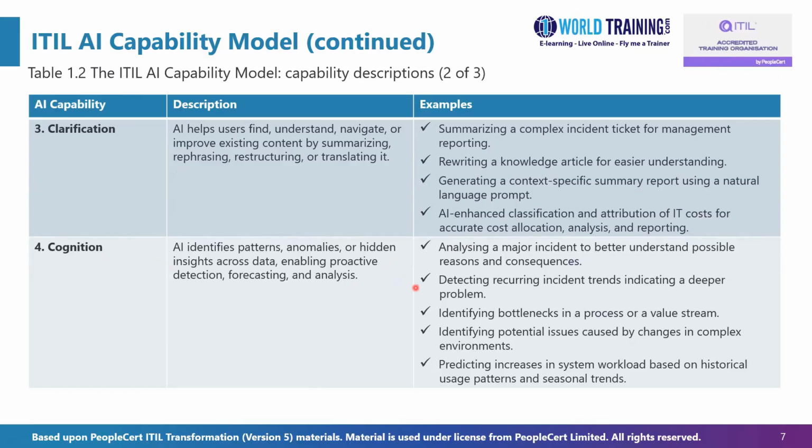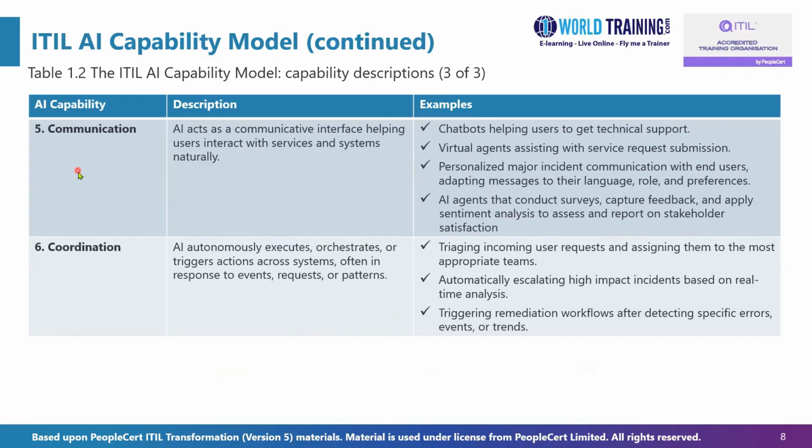And detecting recurring incident trends indicating a deeper problem, identifying bottlenecks in a process or a value stream by looking at process execution records, identifying potential issues caused by changes in complex environments, and predicting increases in system workload based on historical usage patterns and seasonal trends. This can enable proactive capacity planning.